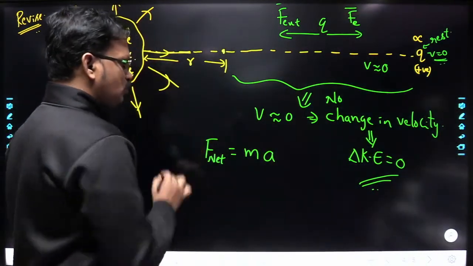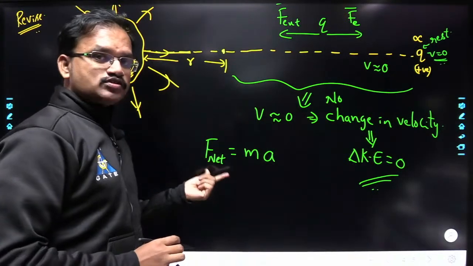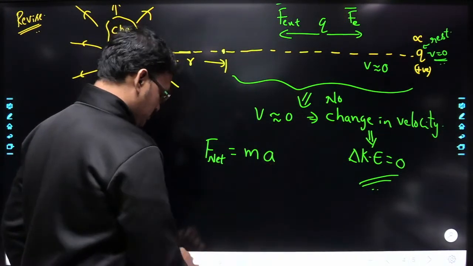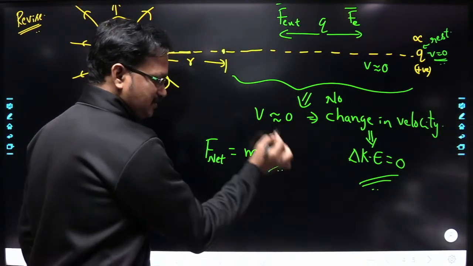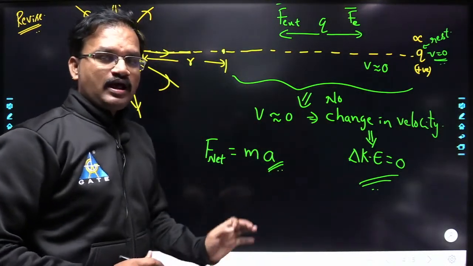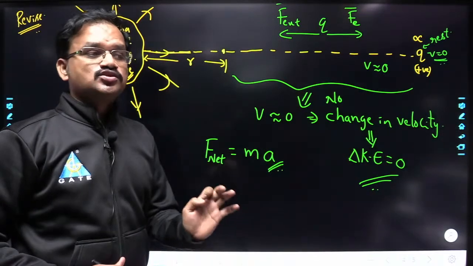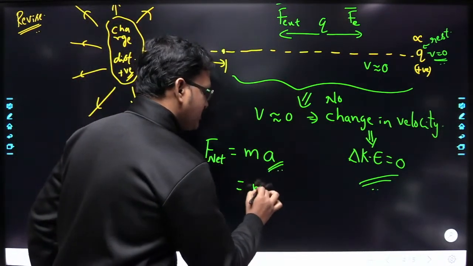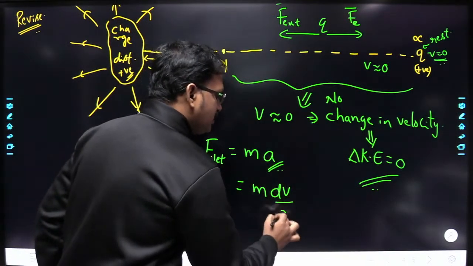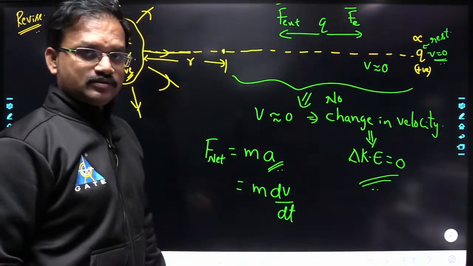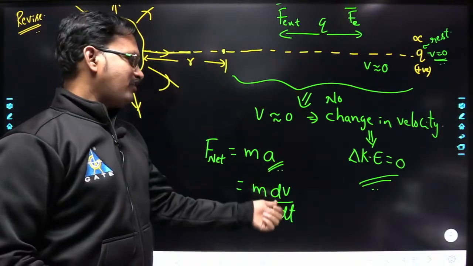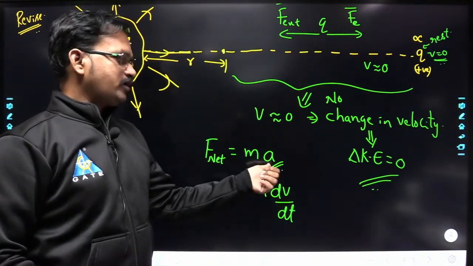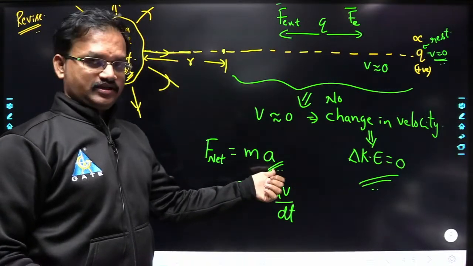So if the net force is not equal to 0, then that object is going to accelerate. Acceleration means its velocity is going to change. So I can write it as m into dv by dt. If the velocity is changing with respect to time, only then we can have acceleration.